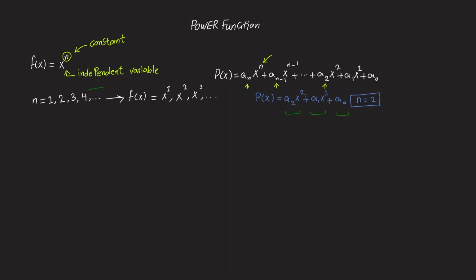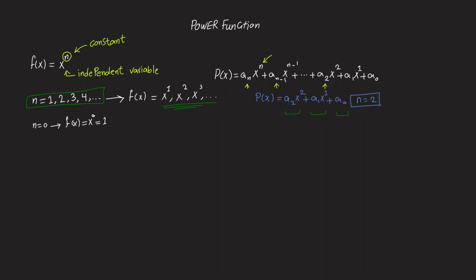So for the case where n is greater than 0, we get these power functions, and whenever n is equal to 0, we get f of x equals x to the power of 0, which is 1. So to reiterate, whenever n is equal to 0 or bigger than 0, we get polynomial functions, and they are just power functions.